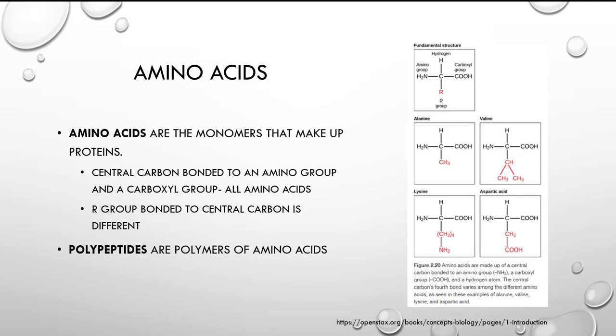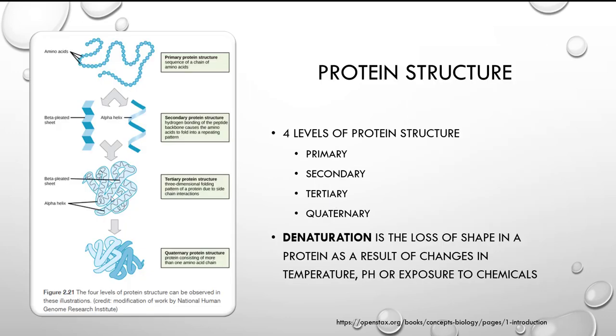Some of them are hydrophobic, which means they don't want anything to do with water. So there are different properties to these R groups, and based on their properties, that will determine how they react with each other. And so they're going to start folding based on those R side chains.